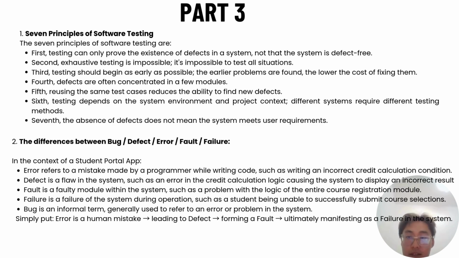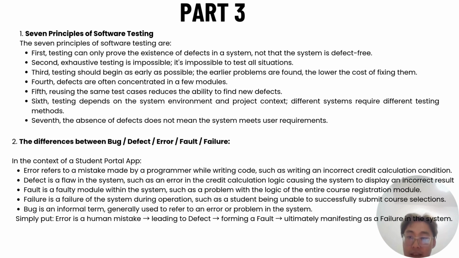The difference between error, defect, failure and bug. An error refers to a mistake made by a programmer, while the defect is, for example, a wrong encrypted credit registration connection. Defect is a fault in the system. Failure is a failure of the system during operation.